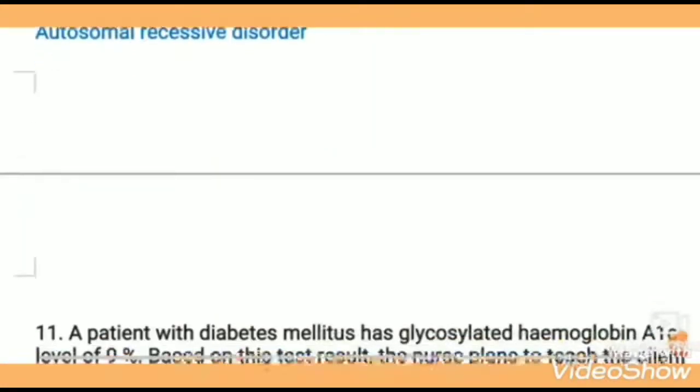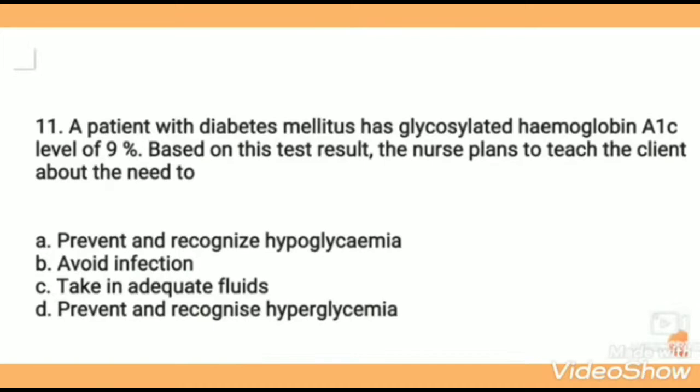Next question. A patient with diabetes mellitus has a glycosylated hemoglobin A1C level of 9%. Based on this result, the nurse plans to teach the client about the need to prevent and recognize hypoglycemia, avoid infection, take in adequate fluids, or prevent and recognize hyperglycemia.